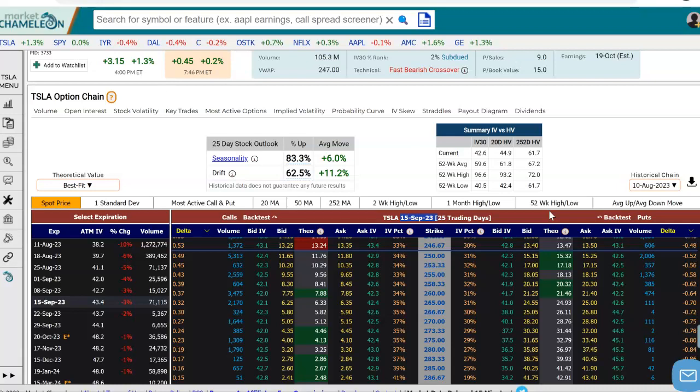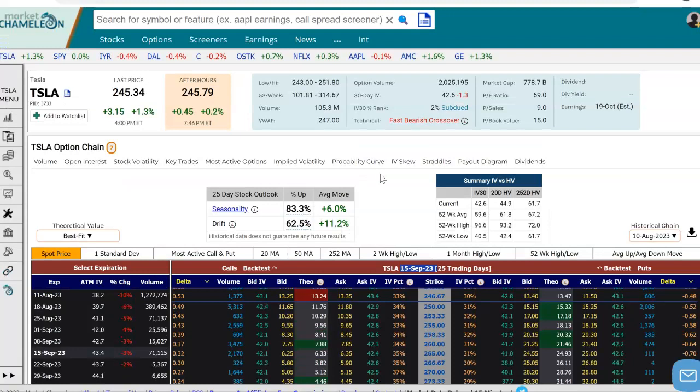That is what this stat tells us: between August 10th, which is today, and September 15th, historically, the stock was up 83.3% of the time. And on average, if we took the average of all the returns, the stock gained 6%.